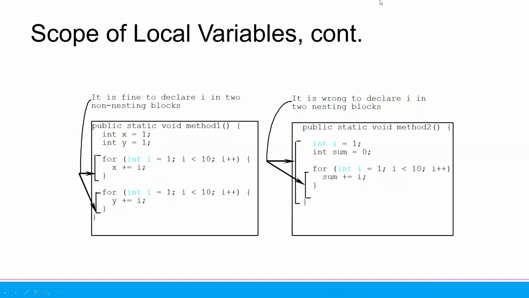Now, maybe you will have a question. Or let me give you a question. What about this? I have integer I, and I have also integer I here. Why is it okay?